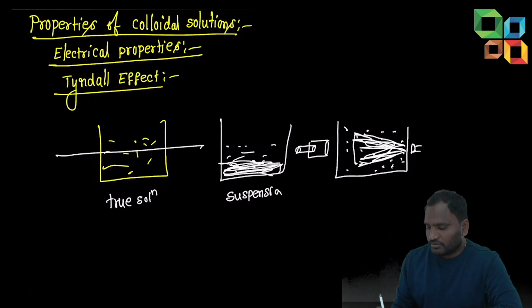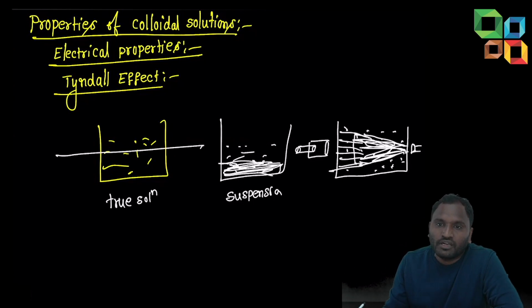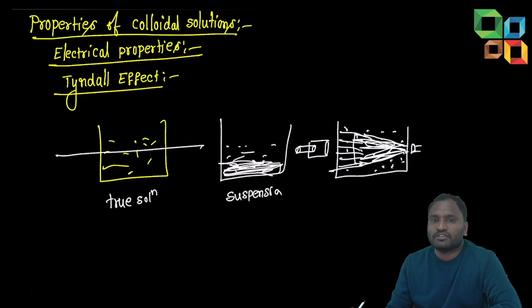This can be observed. So light is illuminated. This property is called the Tyndall effect, named after the scientist Tyndall.